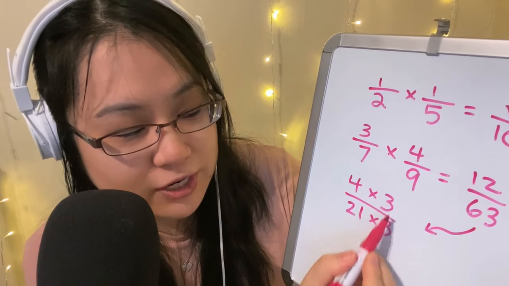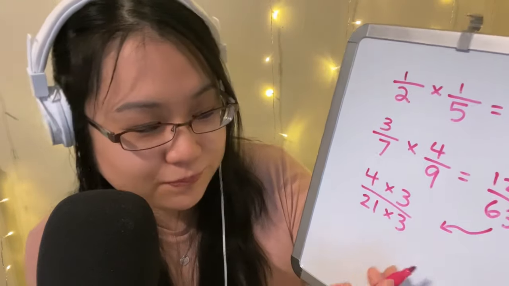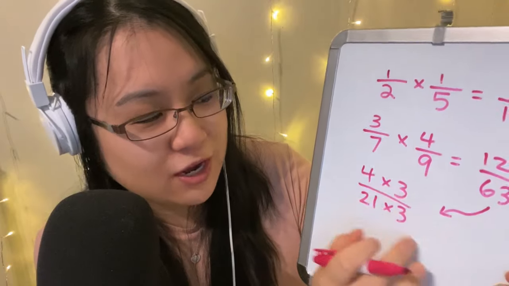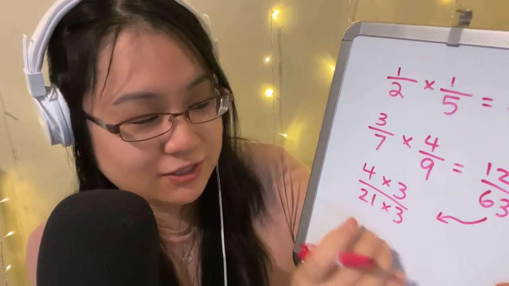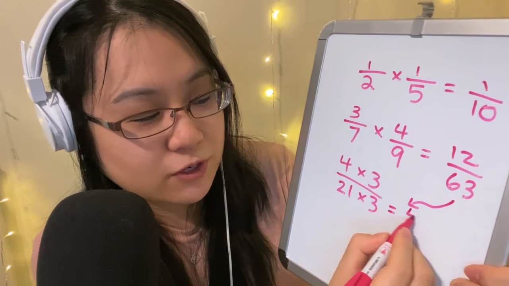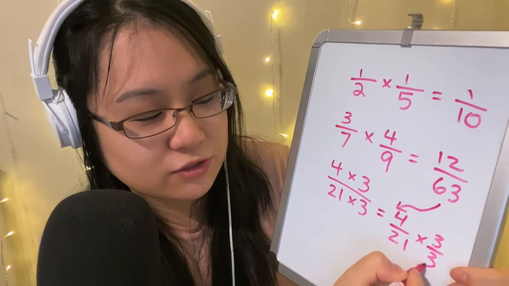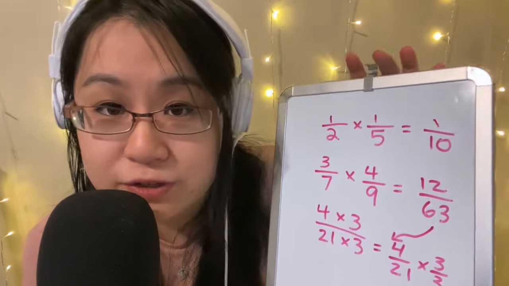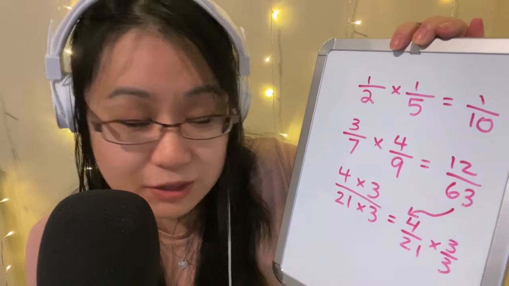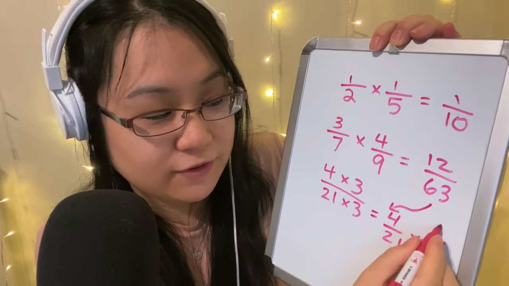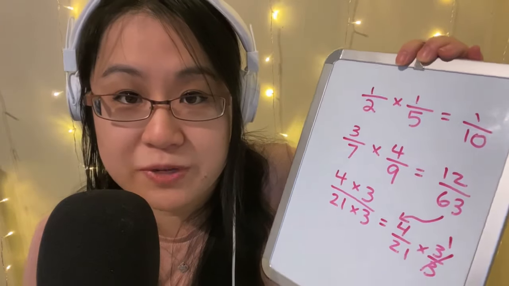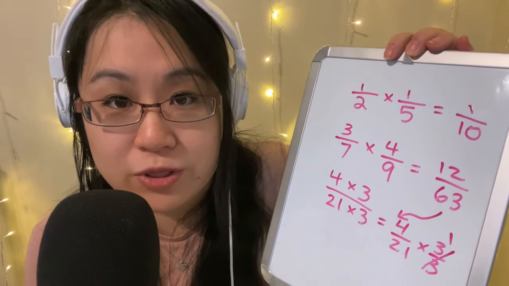Because there's a 3 here and a 3 here, I can actually undo this multiplication process by writing it as 4 over 21 times 3 over 3. And 3 over 3, or anything over itself, is 1, because we have 3 parts of 1/3.